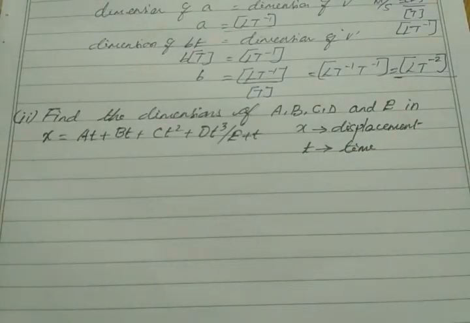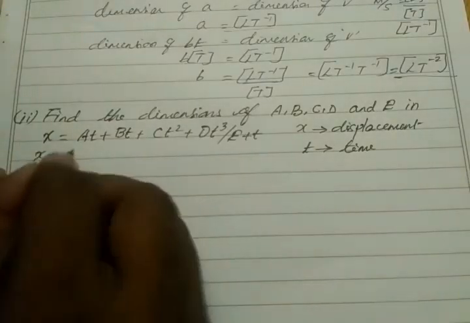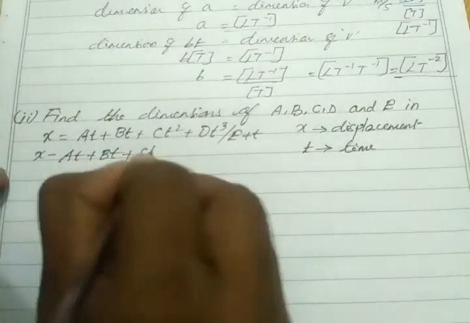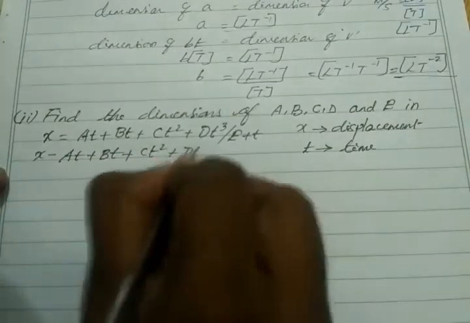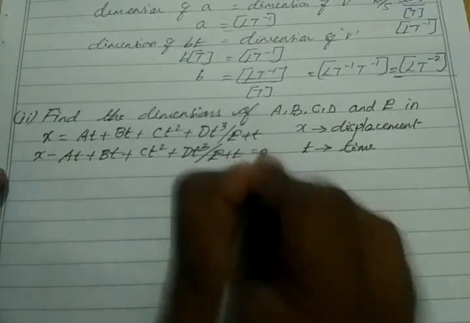So here we made it as an equation: x minus AT plus BT plus CT square plus DT cube plus E plus T equal to 0.